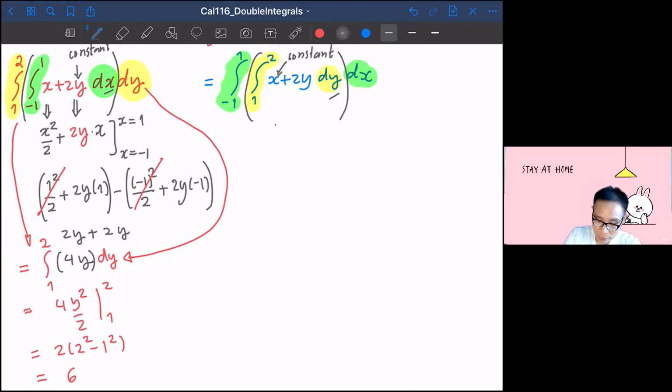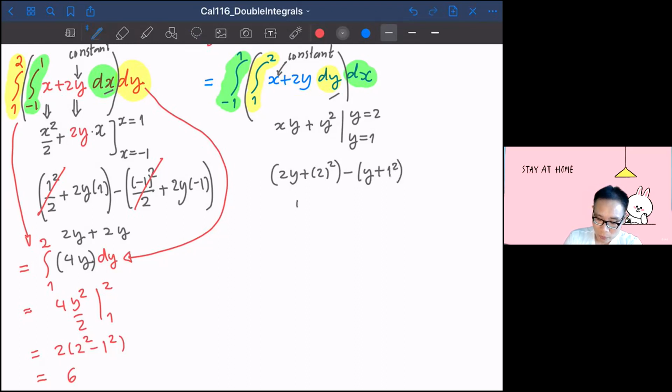This turned out to be xy plus, integrating 2y gives y squared. So it's going to be xy plus y squared, and you're going to have y equal to 1, y equal to 2.